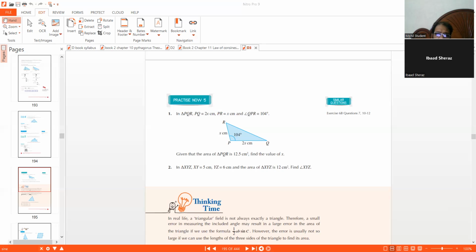Let me find it as well. On a scientific calculator, shift and sine inverse, trigonometric, sine inverse 12 over 15. 12 divided by 15 is 0.8, sine inverse, that is 53 degrees.